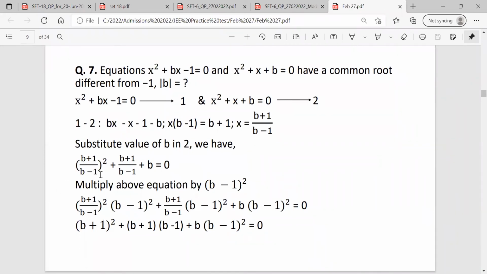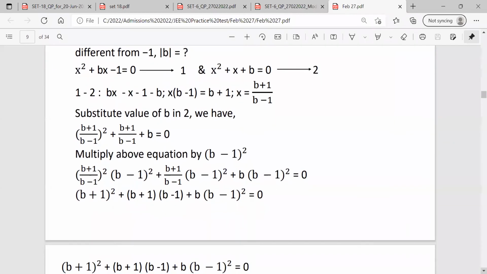Because here the denominator is b minus 1 whole square, here I have b minus 1. While multiplying the whole equation with b minus 1 whole square, I can cancel out these terms and write this equation as b plus 1 whole square plus b plus 1 into b minus 1 plus b into b minus 1 whole square equal to 0.